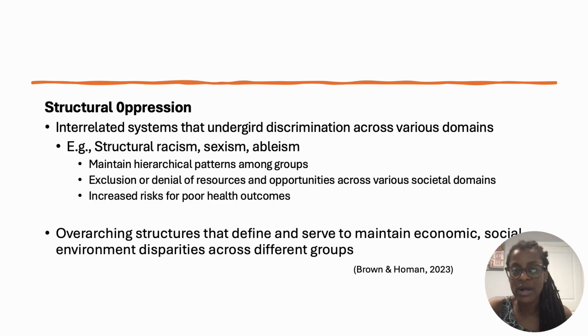These are not natural hierarchies, as we know, to indicate that intrinsically certain folks should be superior to others. Rather, they are socially made, and they are important drivers of inequity that we have seen for many, many years, that have led to chronic disparities in health across various populations.